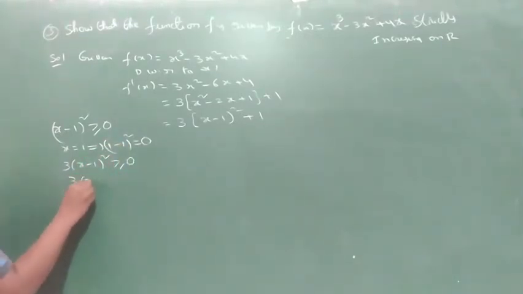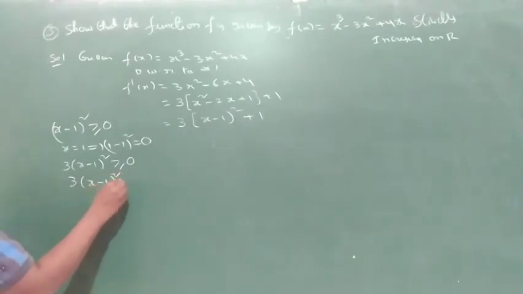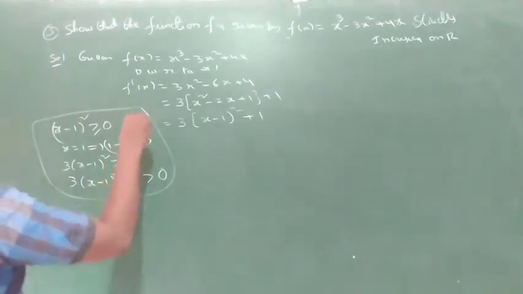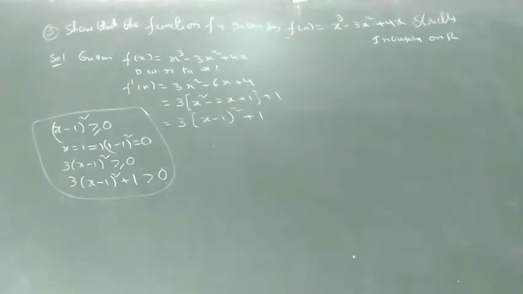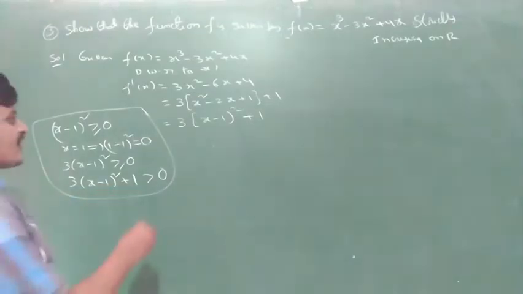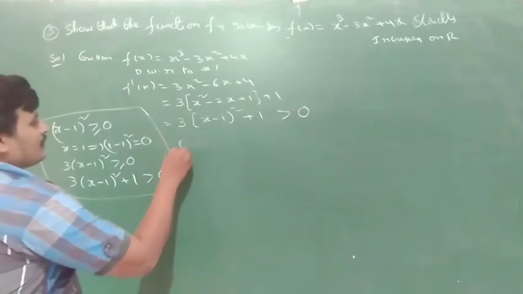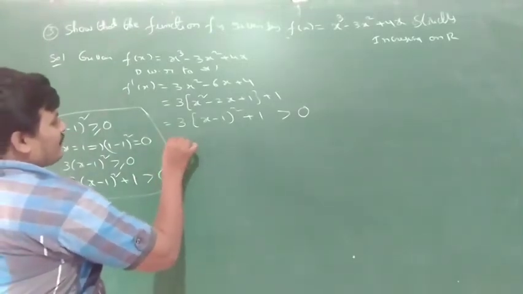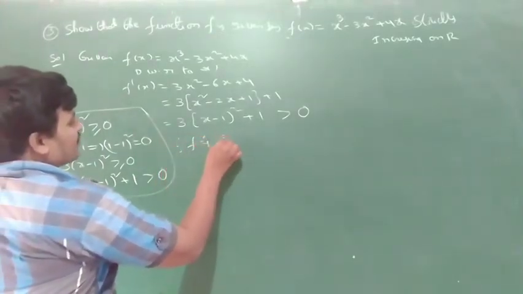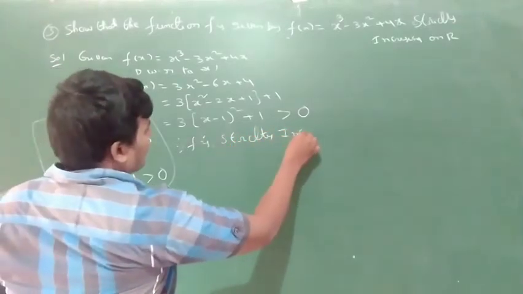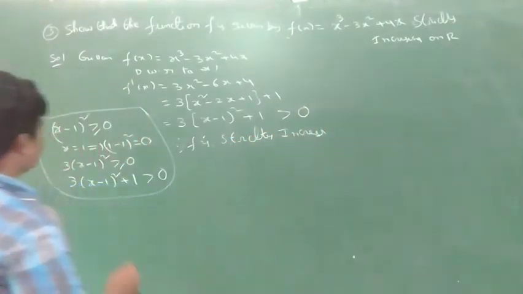So 3 into x minus 1 whole square plus 1 is greater than 0. So f dash of x is greater than 0, therefore f is strictly increasing. Any doubt?